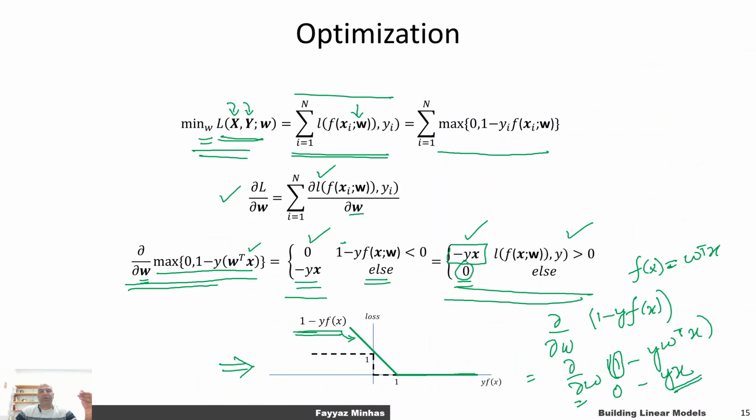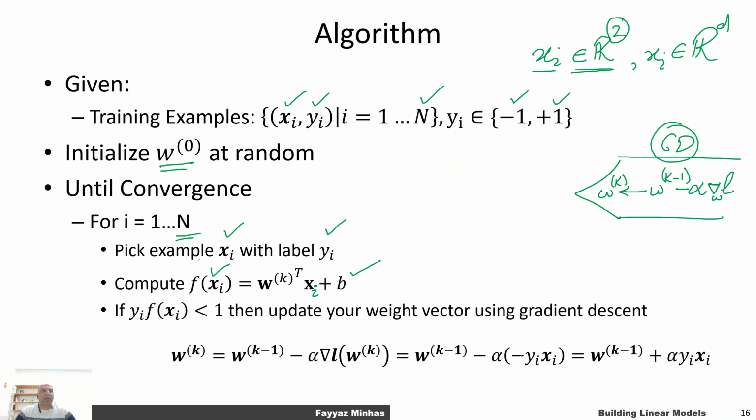If you notice, the gradient of this particular loss function is minus y times x whenever the loss function value is greater than 0. So whenever you make an error, only then do you need to calculate the gradient and update your weights. Otherwise, the gradient is 0, so you don't need to update any weights. This is what is being checked over here as well.